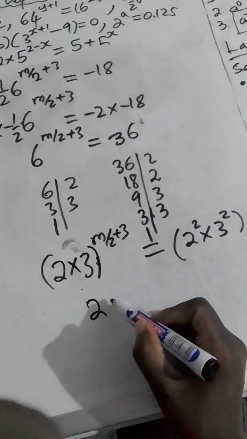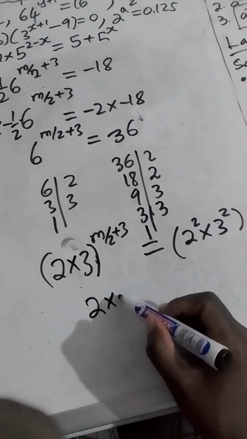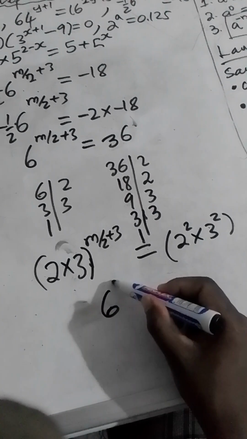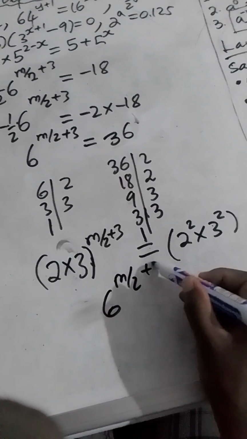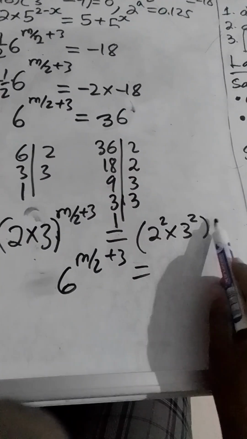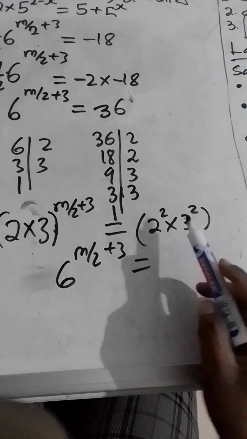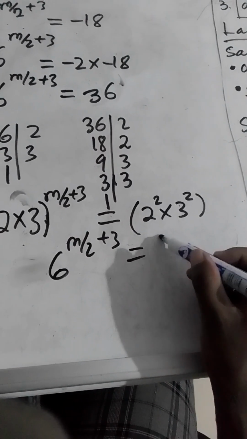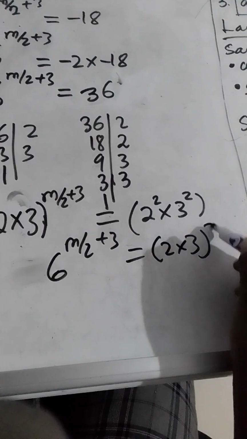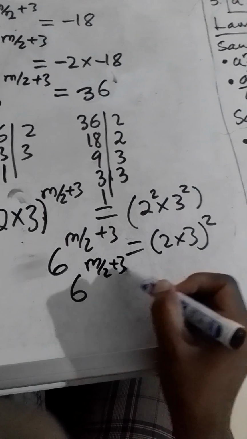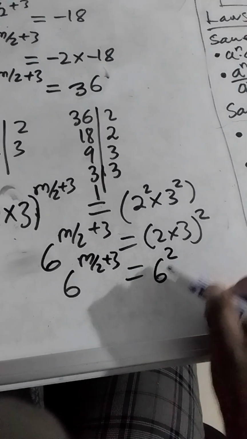Then 2 times 3 is 6 again. So it was going to take you to 6 again over 2 plus 3. And we have the same exponents. When we have the same exponents and we multiply, we can multiply the bases and keep the exponents. So we're going to have 2 times 3 to the exponent 2. And this gives you 6 to the exponent m over 2 plus 3 equals 6 to the exponent 2.